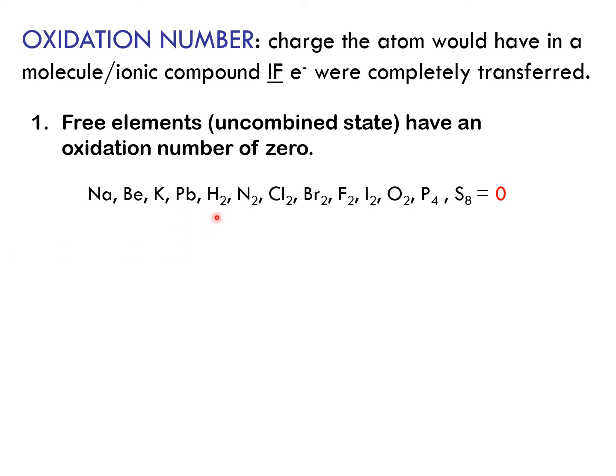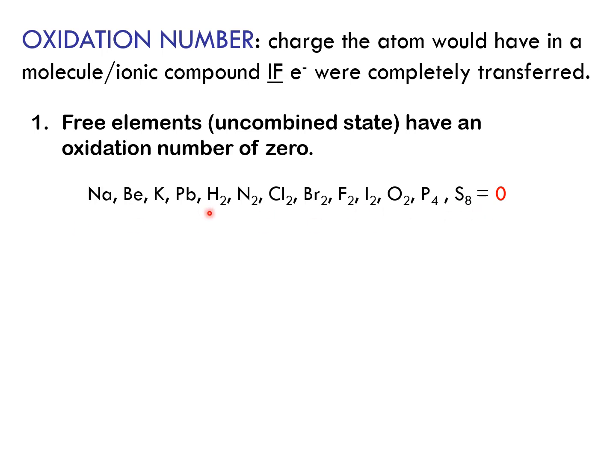For example, H2 is not a monatomic molecule. There are 2 atoms, but because the bond is between 2 identical atoms, the oxidation number stays 0. Same if you have more complicated elements that form larger molecules in their elemental state, like phosphorus or sulfur. So for all these situations it is 0.